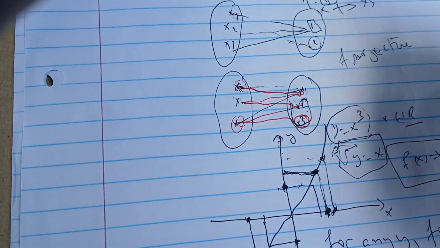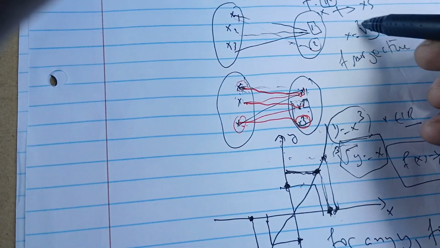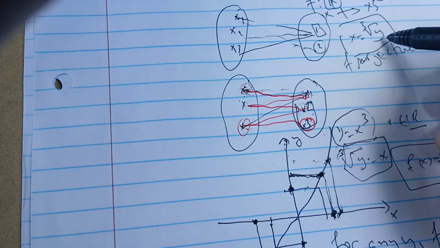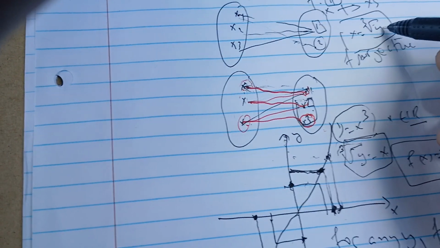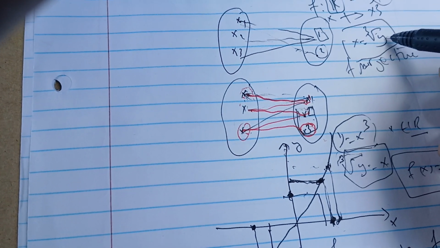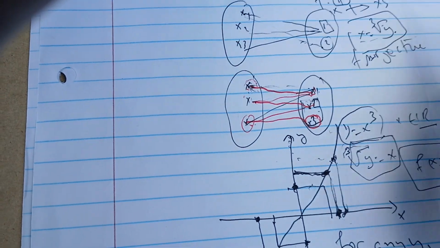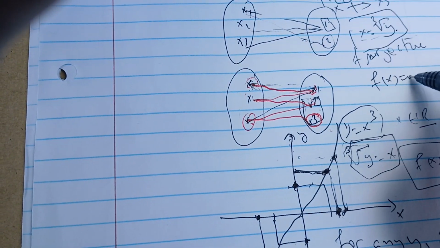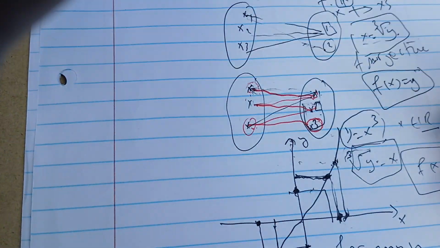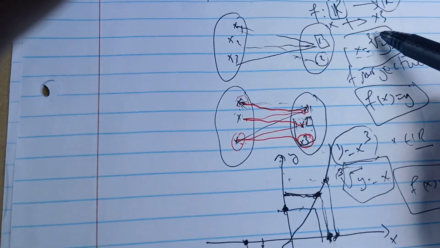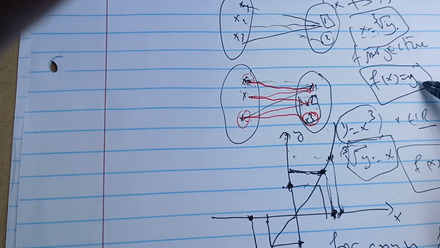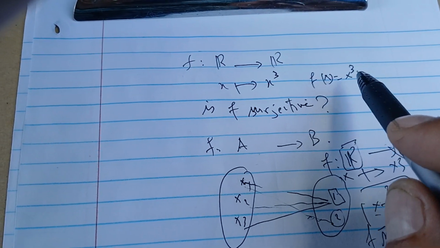That x is given by the cube root of y. So for any y, there is an x given by this such that f of x is equal to y. That means our function is surjective.